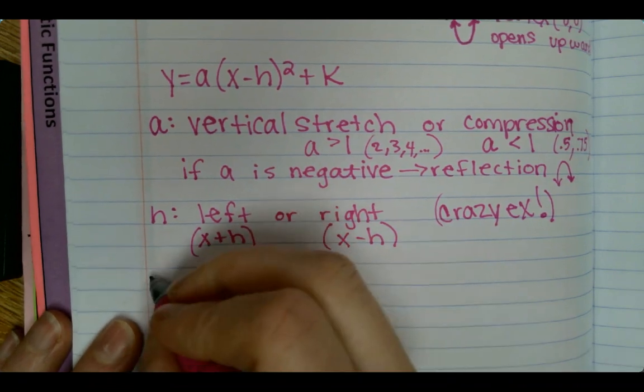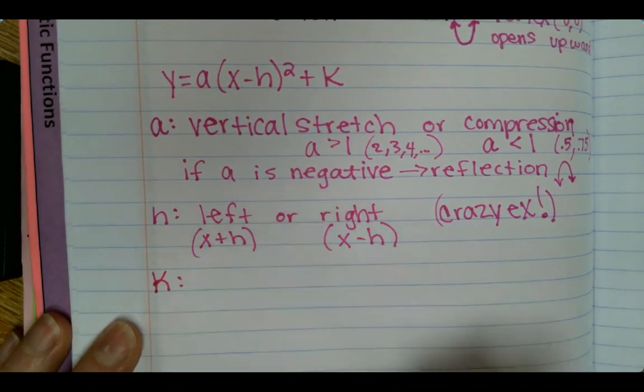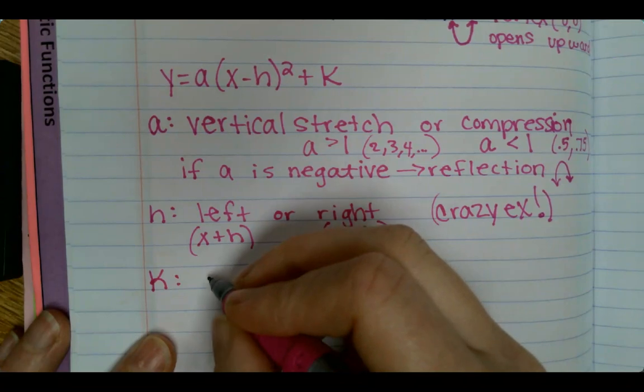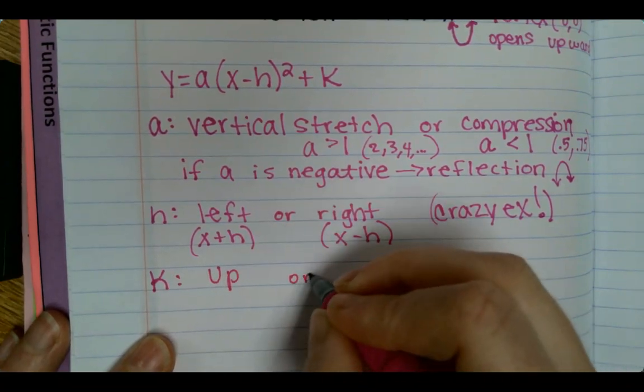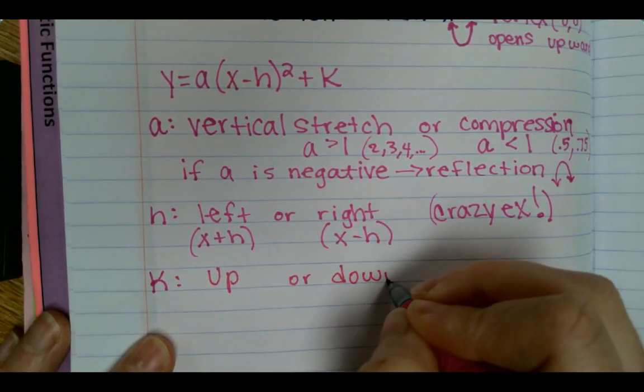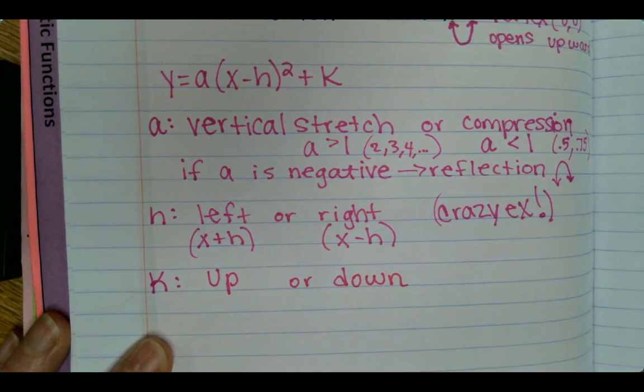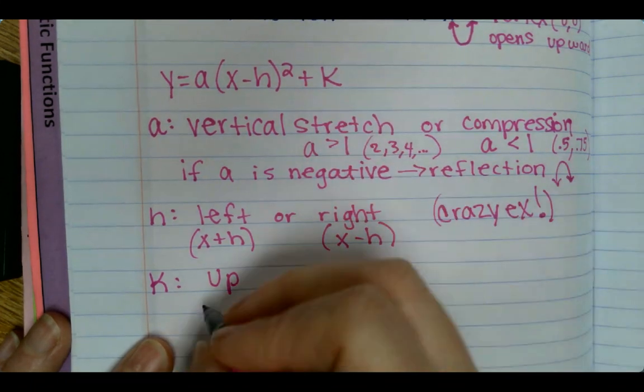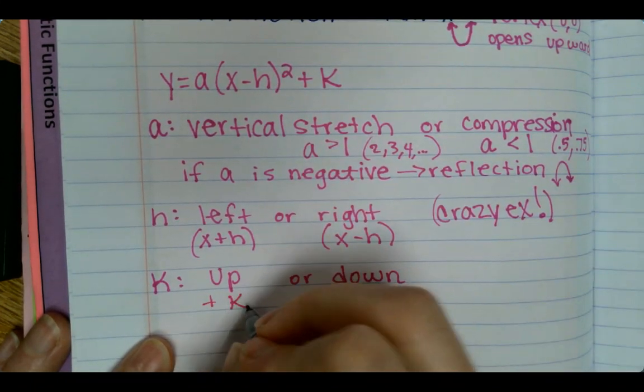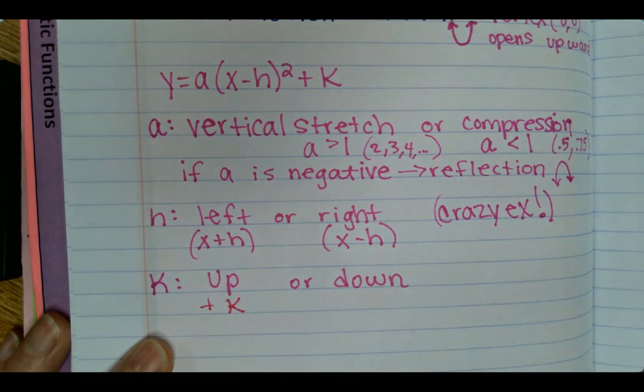And then the last type of transformation is K. K determines an up or a down. So if on the equation it says plus K, then it's up that many units.